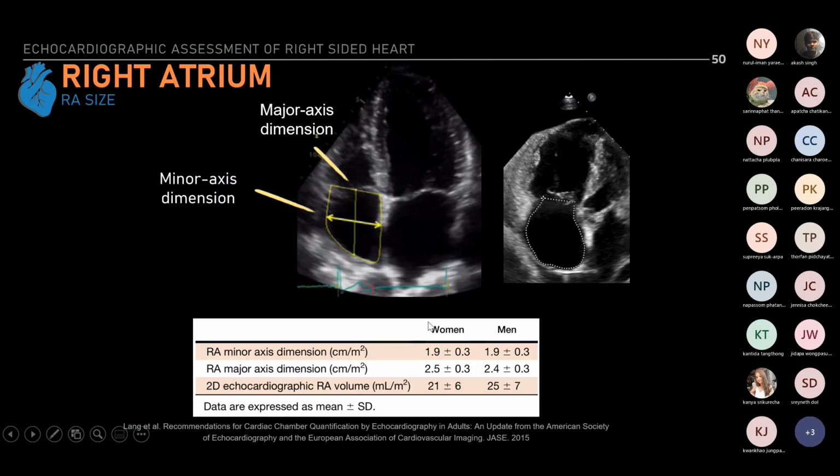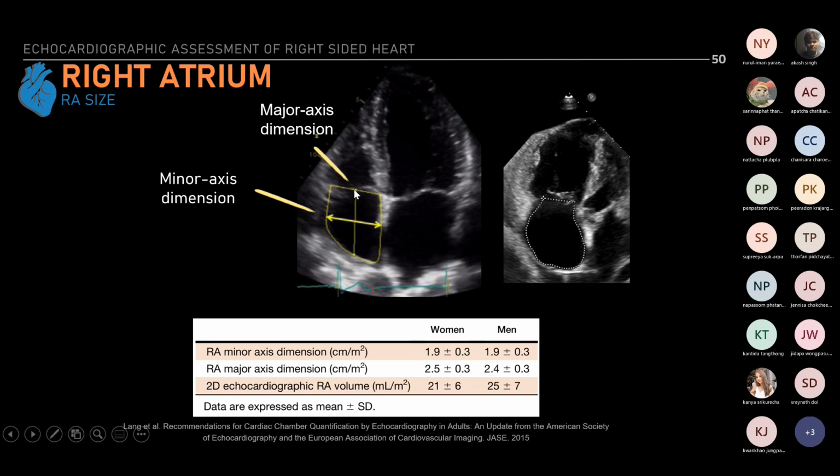To measure RA size, the RA is divided into two dimensions, minor axis and major axis. The minor axis should be measured from the lateral RA wall to the interatrial septum at the mid-atrial level.